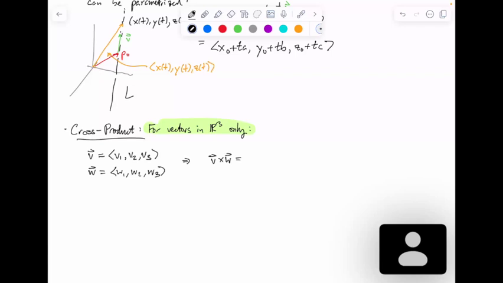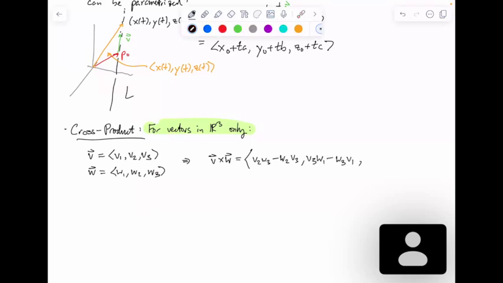In the i component, or the x component, if you will, you do v2 times w3 minus w2 times v3. And now in the y component, if you just pretend x, y, and z go here, labeling these columns, then you look at the entries that are not in the y column. And so you do v3 times w1, and then you subtract off w3 and v1.